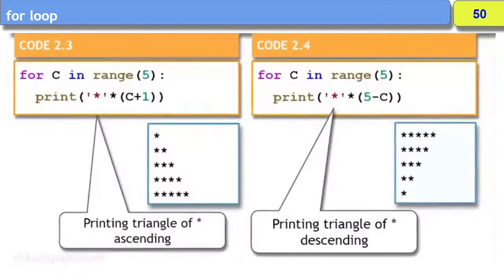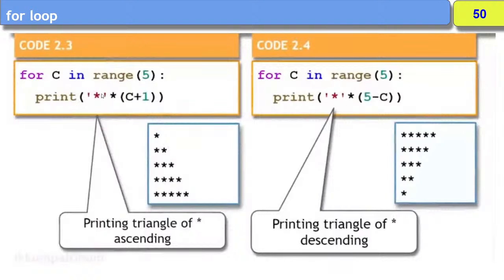So when the default is there, the first value of this range would be 0, and the last value of this range would be 5 minus 1, that is 4. So when this program is executed, C will take 0 as its first value, and you are going to print this statement.